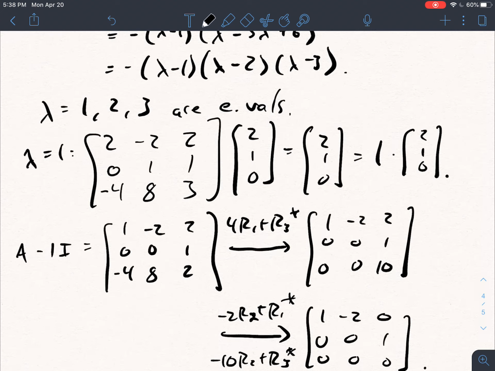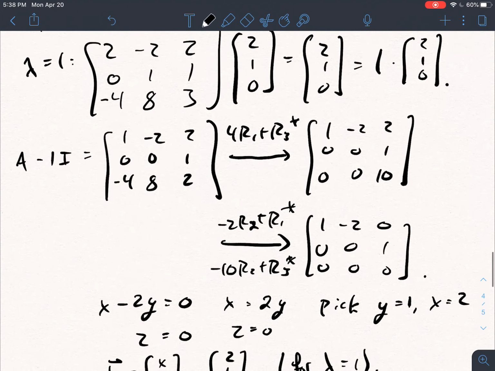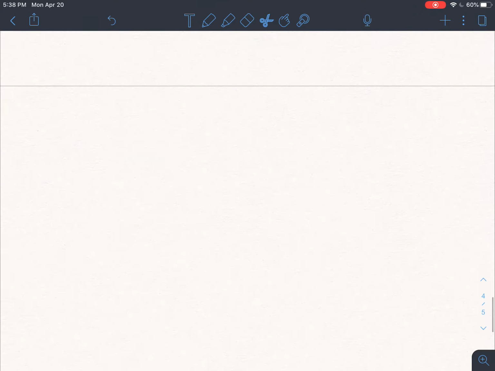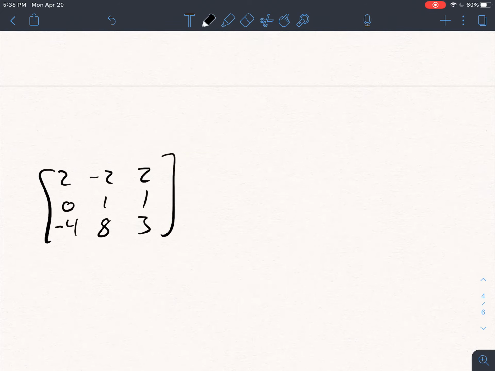So I get 2, 1, 0, which is equal to 1 times 2, 1, 0. So this works. So that is an eigenvector for our eigenvalue 1.